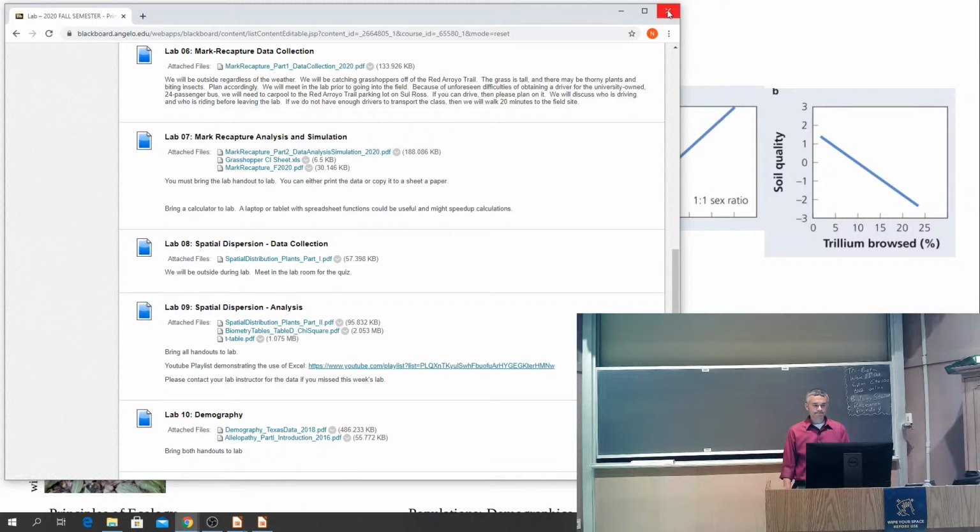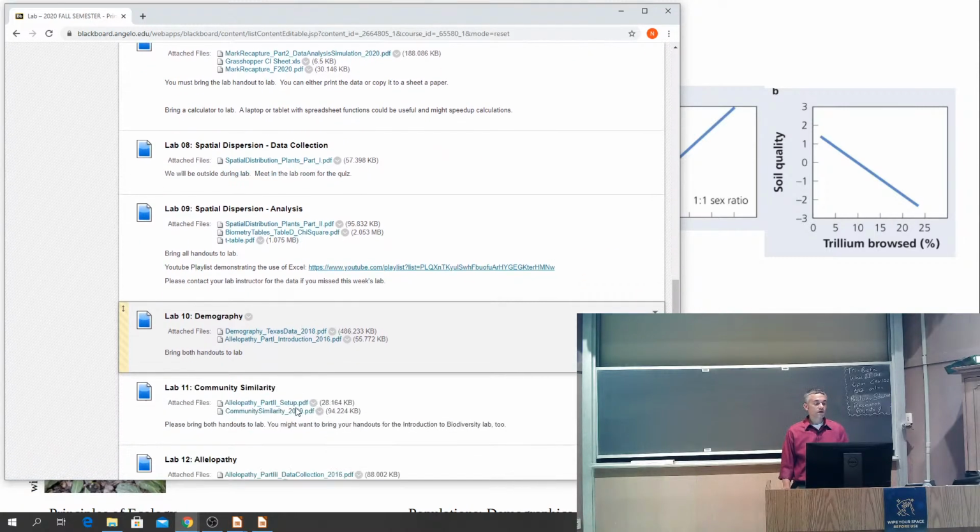All right. Next week's lab is demography. Make sure you bring both of these handouts, because if we look ahead, we'll do demography, learn how to work with life tables, do all of our calculations with life tables, and then we also have an introduction. So we'll introduce this allelopathy lab and explain what we're going to do, because then you have to have something set up.